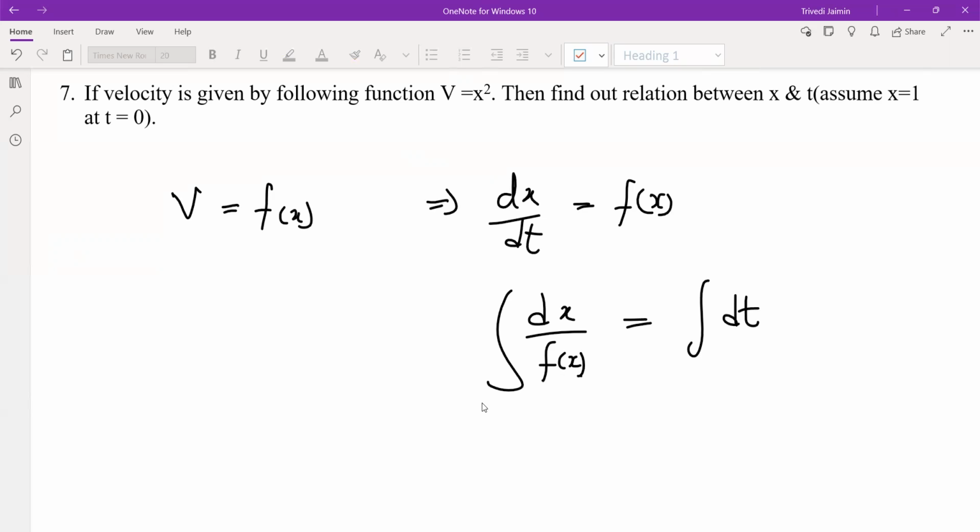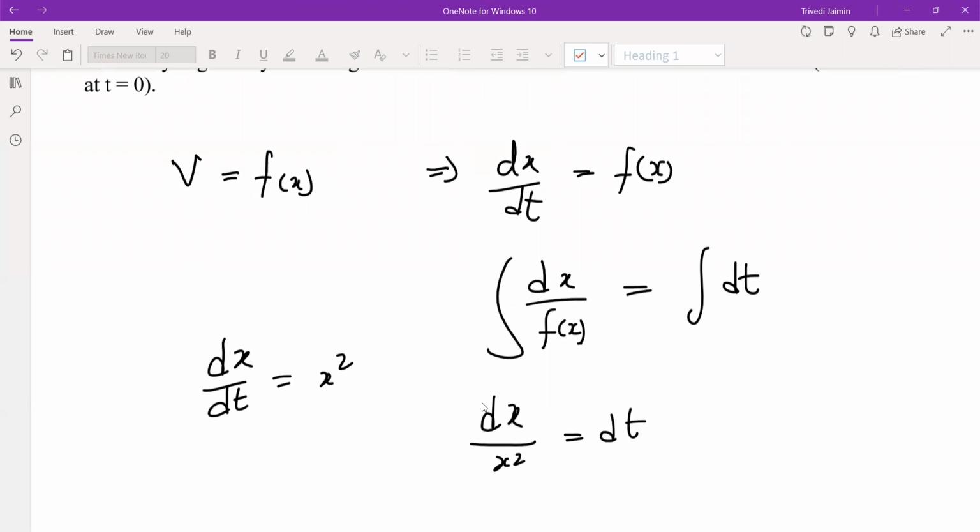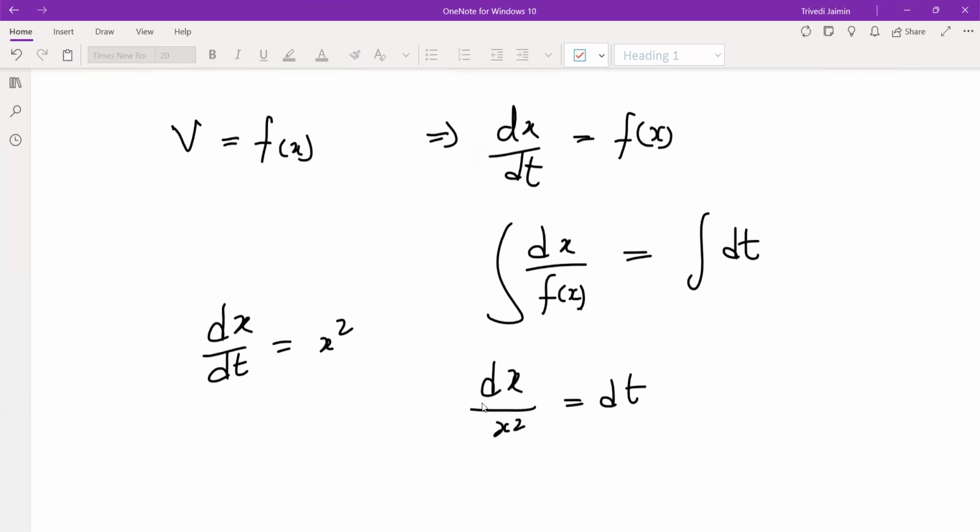Okay. Now we have dx by dt equals x square. Therefore dx by x square equals dt. Now we integrate this with x equals 1 and t equals 0.